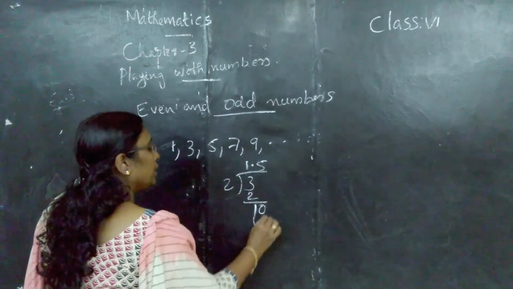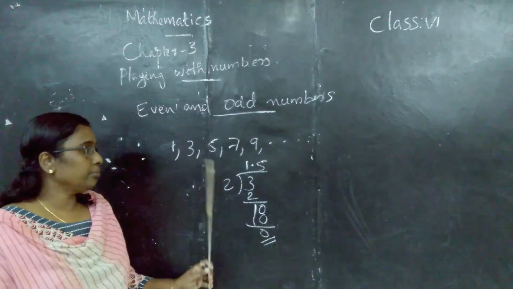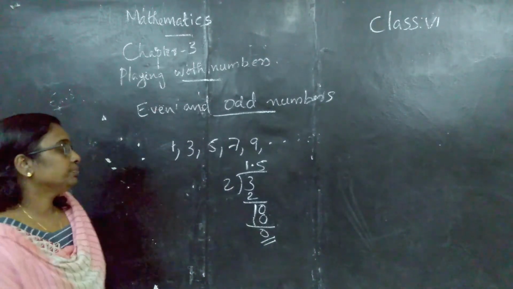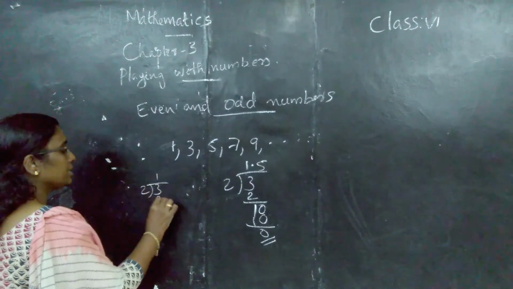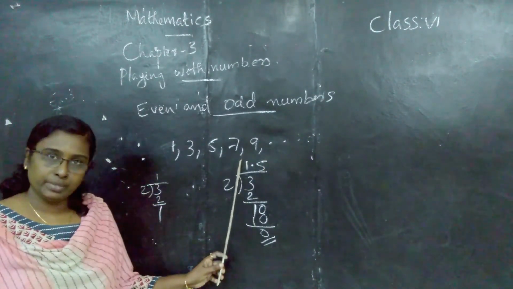So, we can divide 3 by 2, but we cannot divide exactly. We get the remainder as 1. So, these are called odd numbers.